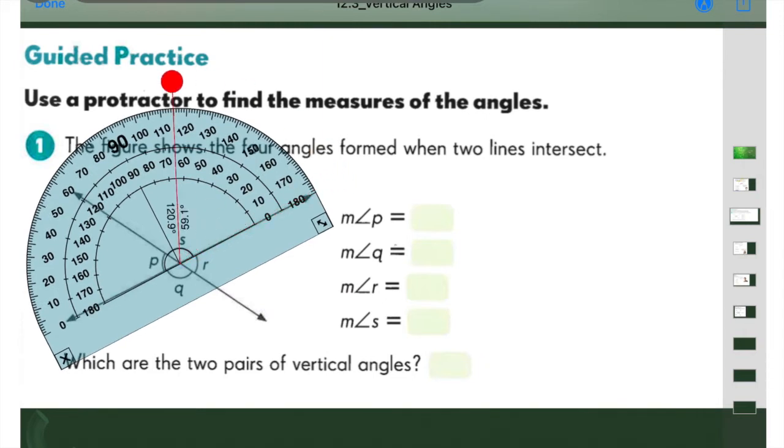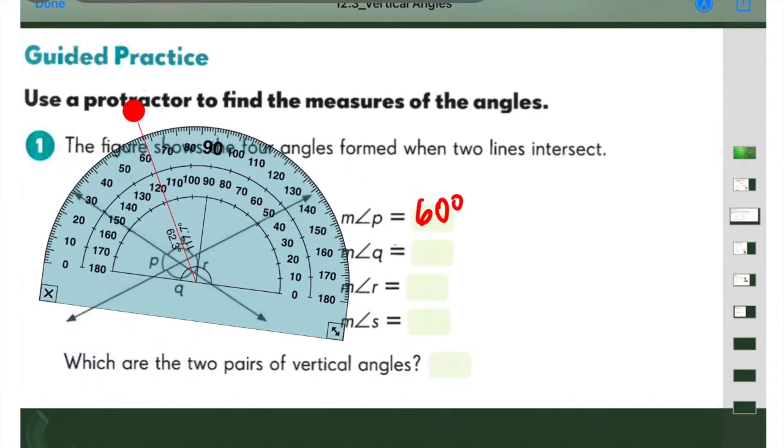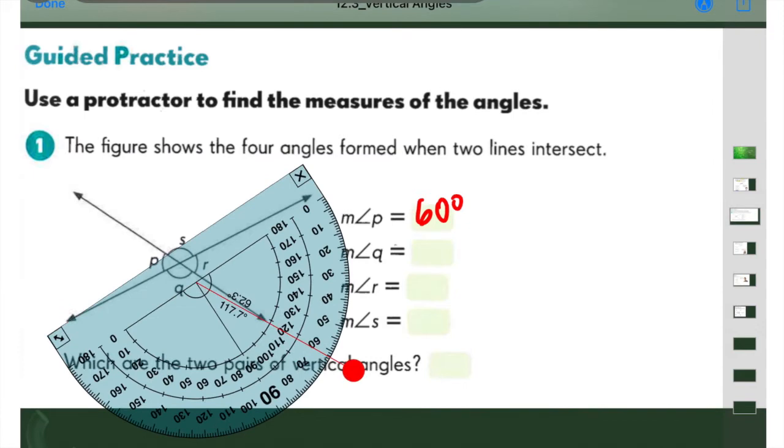I can see that the ray is passing through 0 on the outside scale, so I'm going to use the outside scale to measure, and I can see that angle P has a measure of 60 degrees. Let me write that down, 60 degrees. And the measure of angle Q, let's find that next.